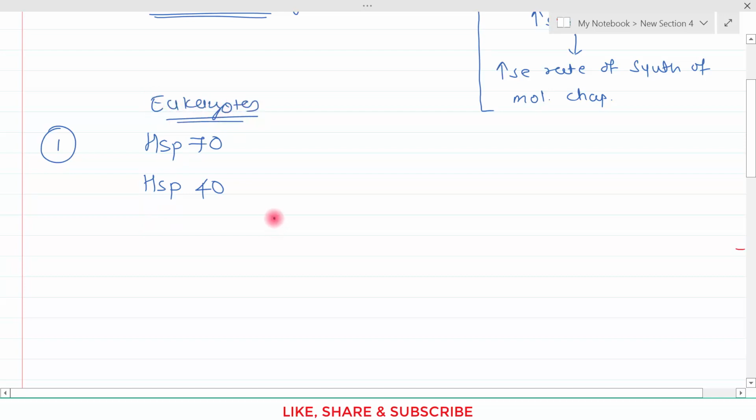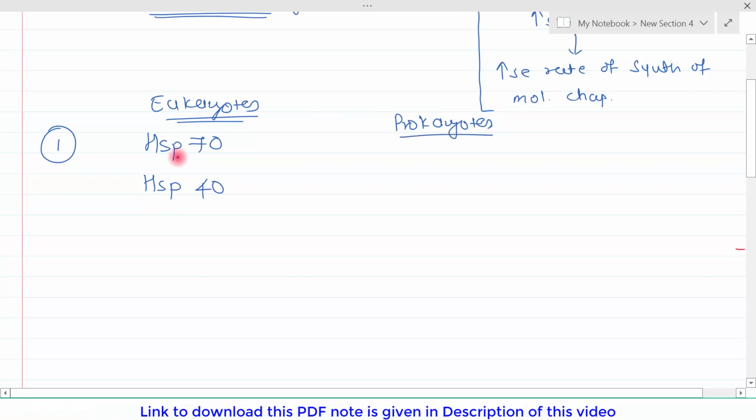Similarly, in the prokaryotes also some molecular chaperones are there. Structurally and functionally similar to HSP70, there is the DnaK protein, and similar to HSP40, there is the DnaJ protein. Their counterparts are there in the prokaryotes.